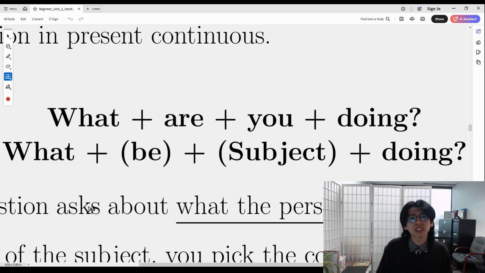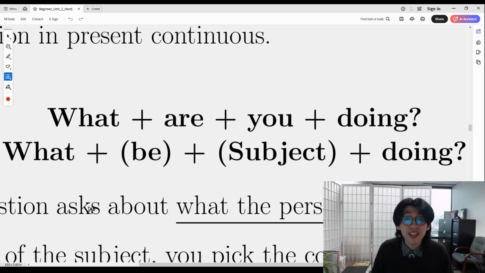But what if it wasn't you that you're asking? Maybe asking about what Coco is doing, or he, she, or we, or they, different subject and different way of asking questions, right? So I provided you the second line over here, what plus be plus subject plus doing.